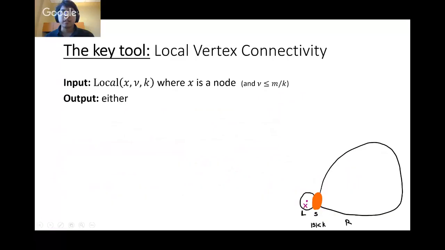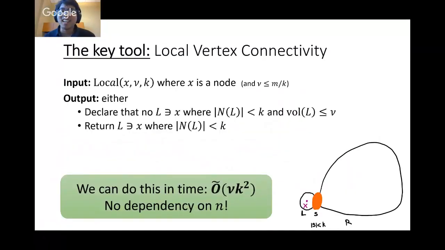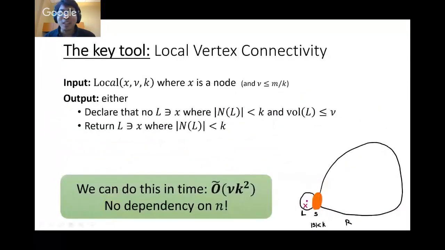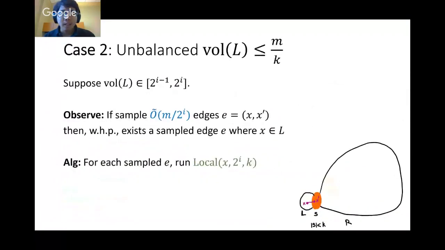Yeah, the algorithm really works when nu is less than M over K. Oh, okay. You will see why. It will be clear from the algorithm. But if you don't have this constraint nu less than M over K, you can just use the local algorithm for the whole range. Okay.